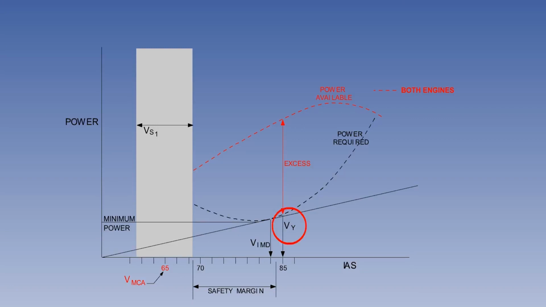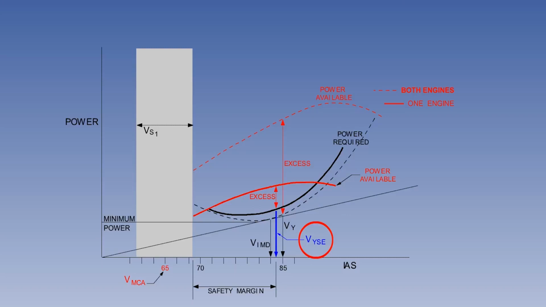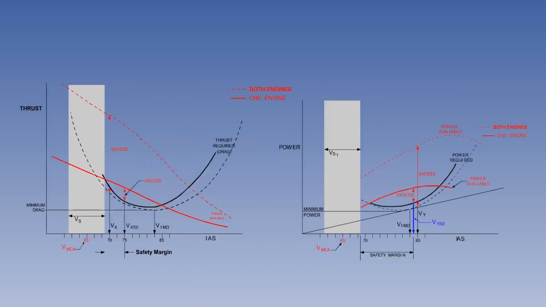The airspeed for best rate of climb is Vy for all engines operating, and Vyse for best single-engine rate of climb. Vy and Vyse are higher than Vx and Vxse, and provide a safer margin above both stall and VMCA.